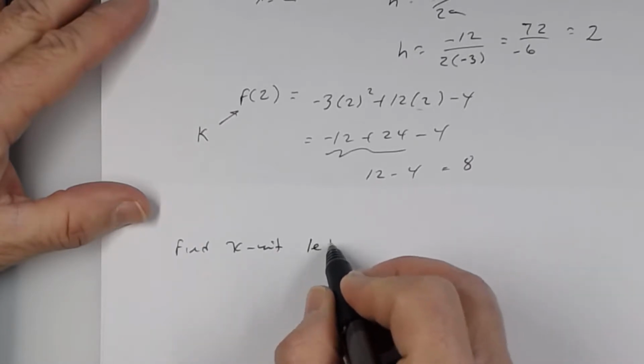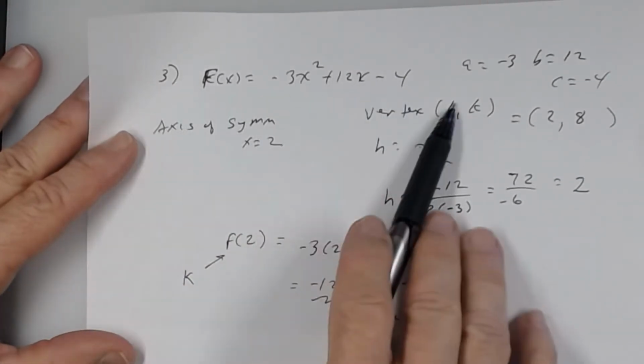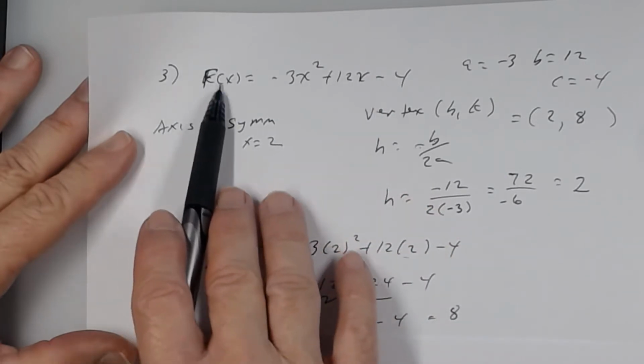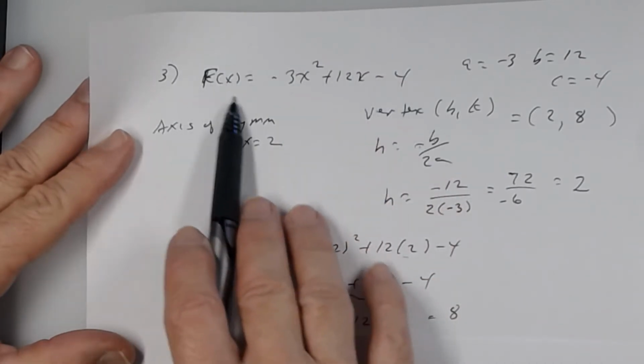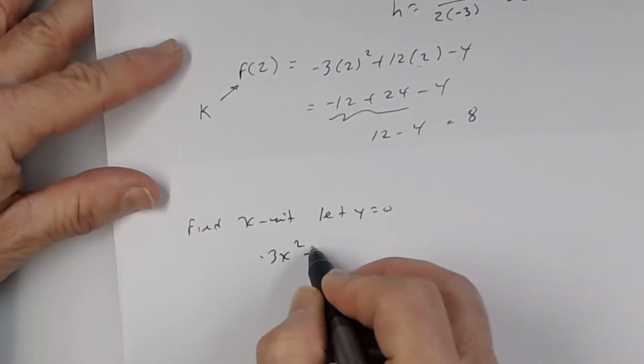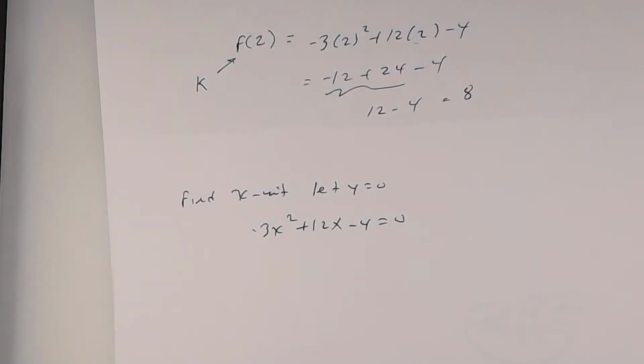Let y equal 0. What part of my function represented y? F of x. So I'm going to set this thing equal to 0, right? Okay. So I'll get negative 3x squared plus 12x minus 4 equals 0.